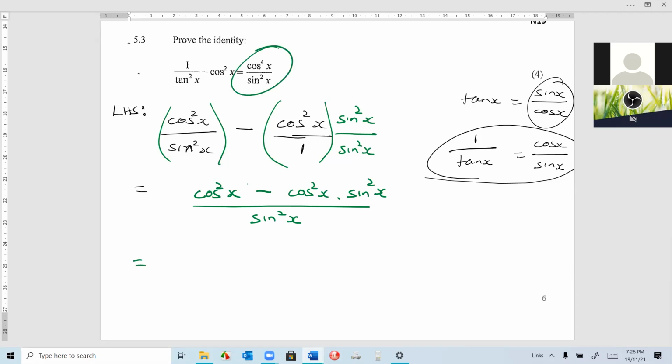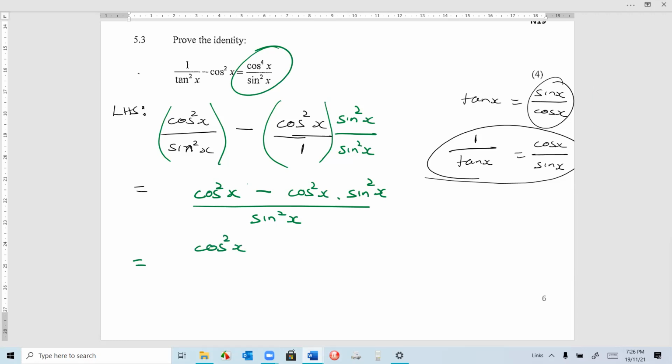So now if I look at the top, what is striking me is that there is a common factor there. If you look at your two terms, cos squared x is common. So we're going to pull it out as a common factor, and we're left with 1 minus sine squared x. And if you look a little closer, 1 minus sine squared x is a formula.